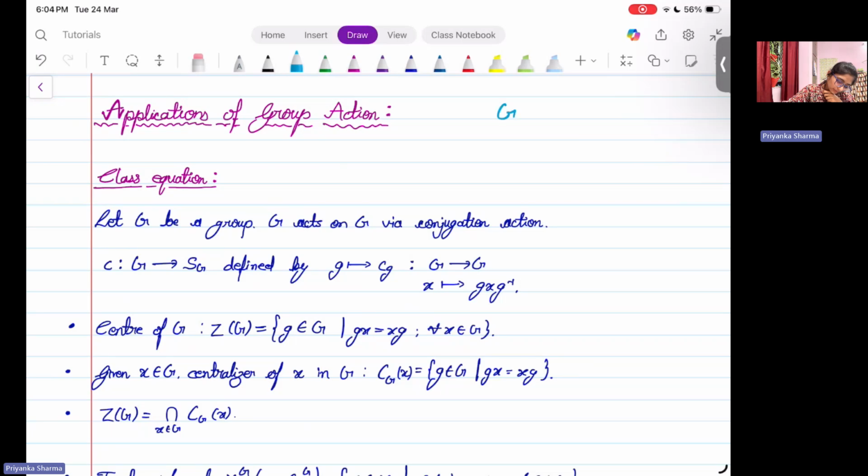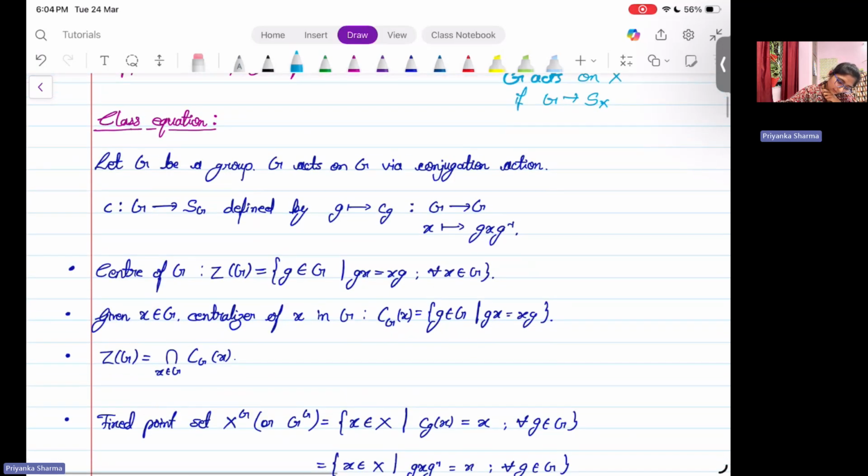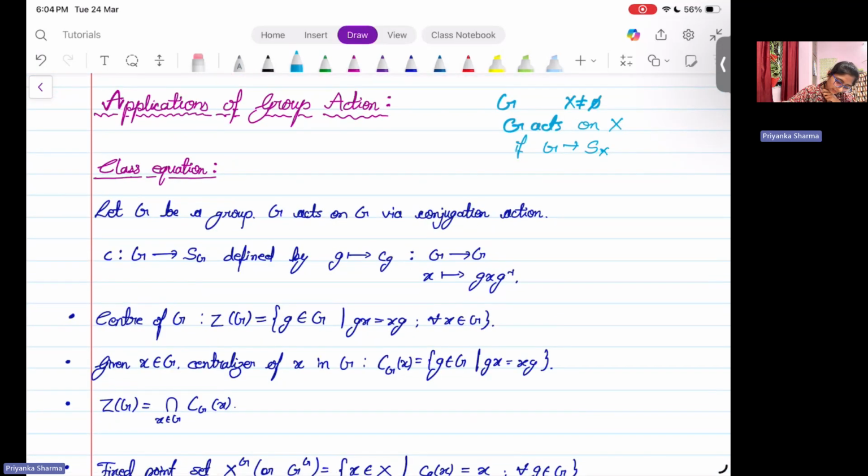We need a group G and a non-empty set X. Then we say that G acts on X if we have a group homomorphism from G to the permutation group of X. Equivalently, we can define a map G cross X to X, denoted G dot X, which maps (g, x) onto gx.